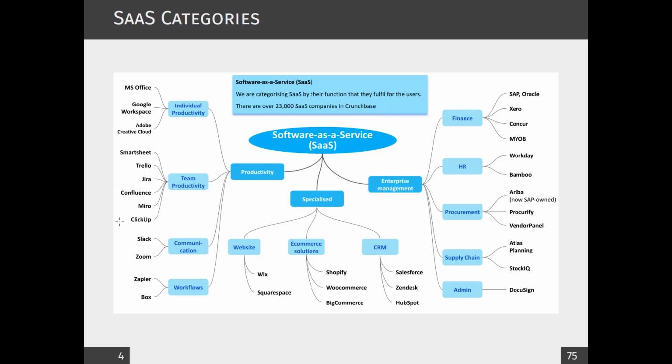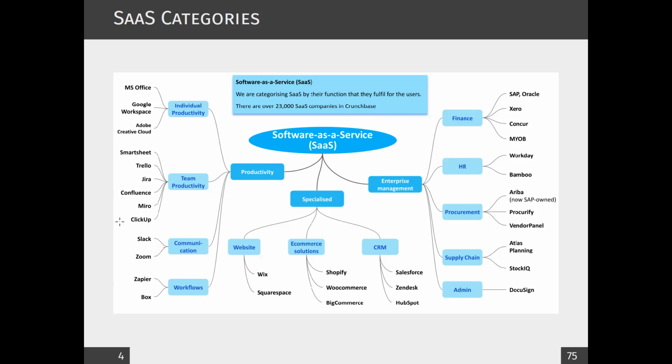Similarly, there are some specialized pieces of software, like for websites we have Wix, Squarespace; e-commerce solutions, for example, Shopify, WooCommerce, BigCommerce; and for handling customer relationship management, Salesforce, Zendesk, HubSpot.